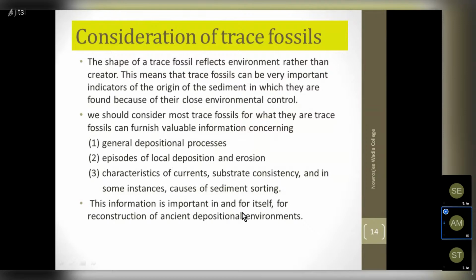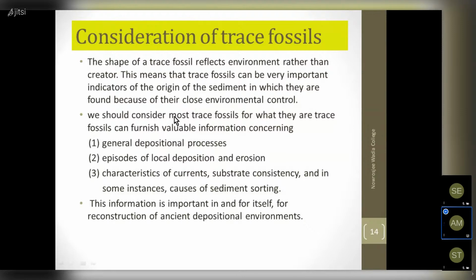This information is important in itself for reconstruction of ancient depositional environments. And how can this approach be achieved? Well, the shape of trace fossils reflects environments rather than creates them. This means that trace fossils can be a very important indicator of the origin of the sediments in which they are found because of their close environmental control.